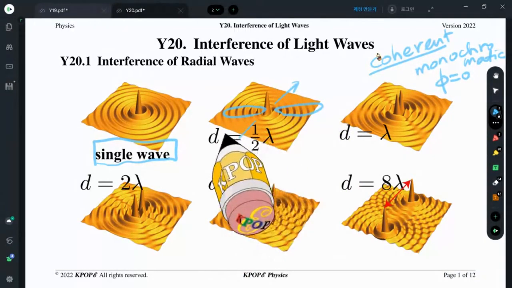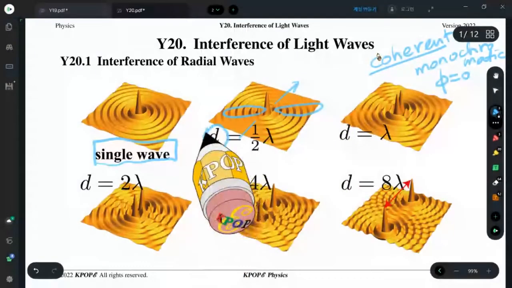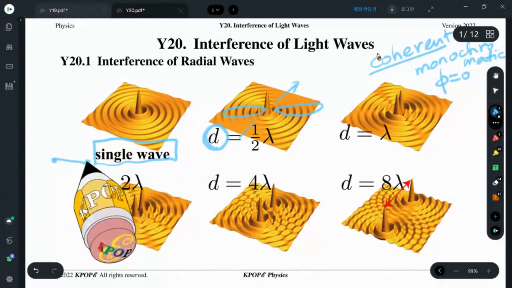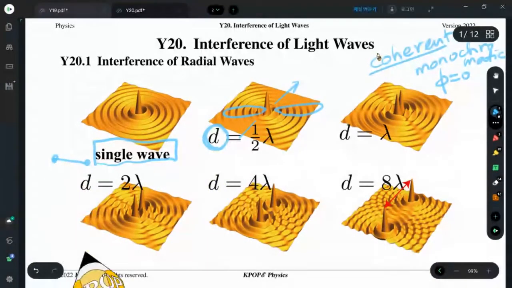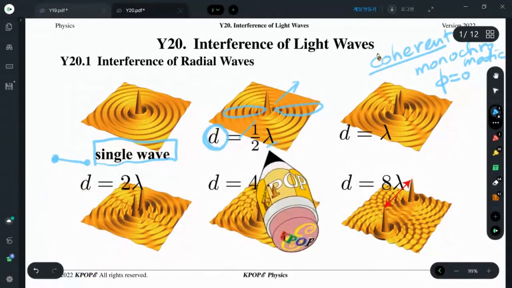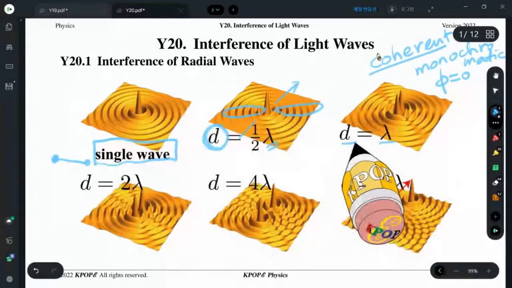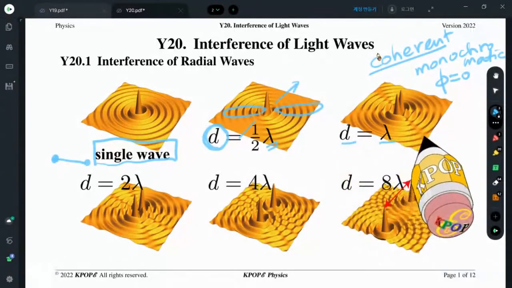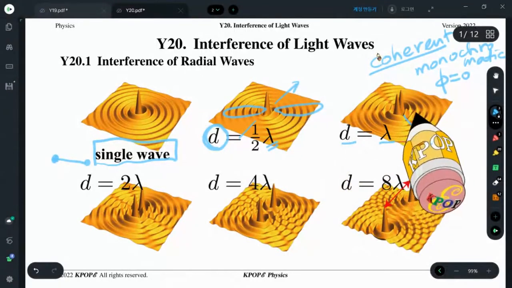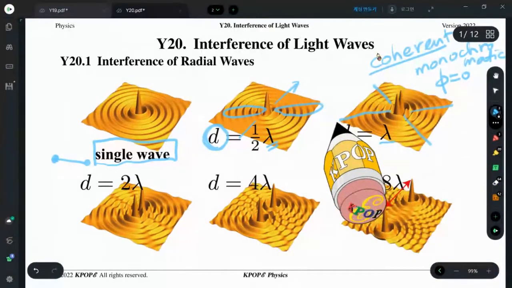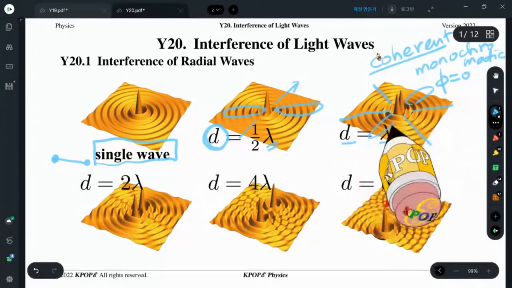If this distance d, the distance between the two light sources, becomes comparable to the wavelength, we can clearly see the amplitude decays and is magnified in here.